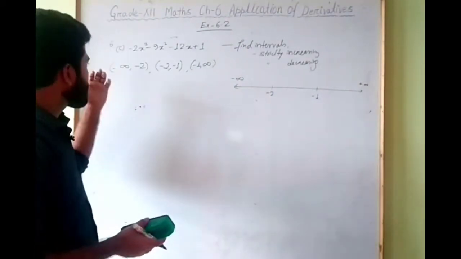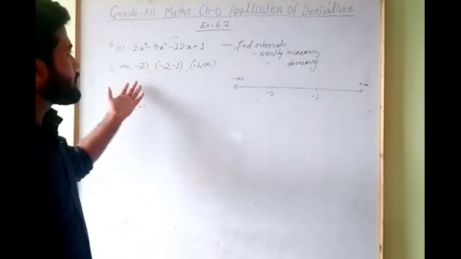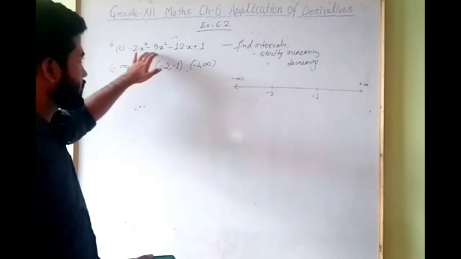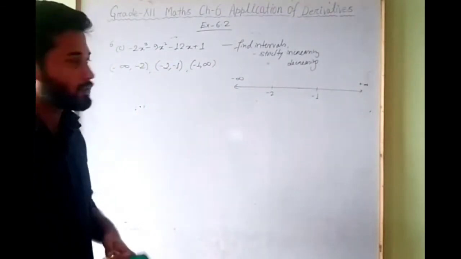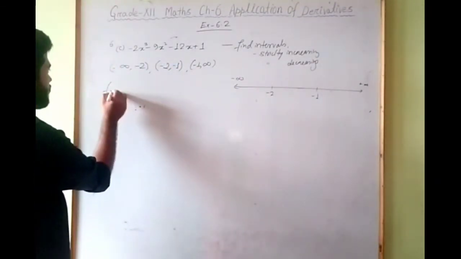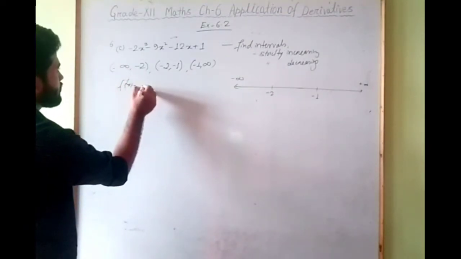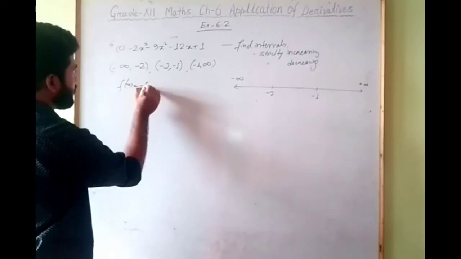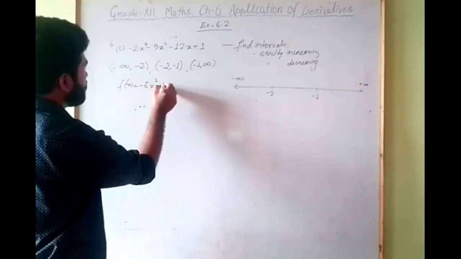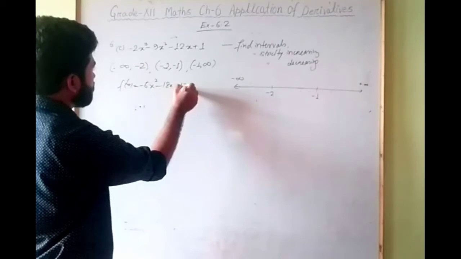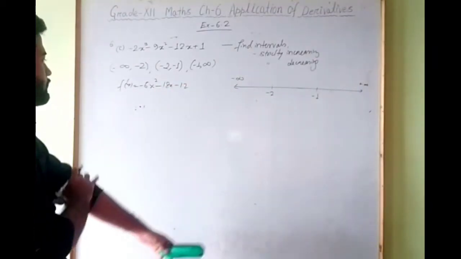So now let us check whether the function is increasing or decreasing in each of these intervals. For the first case, what was our f'(x)? f'(x) was -6x^2 - 18x - 12. Fine.